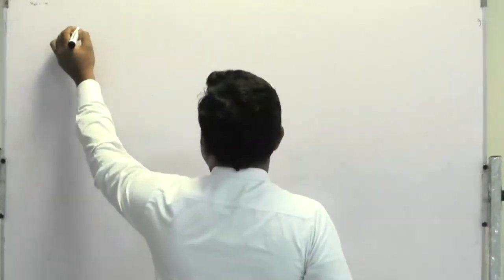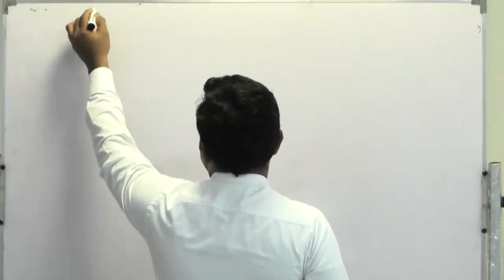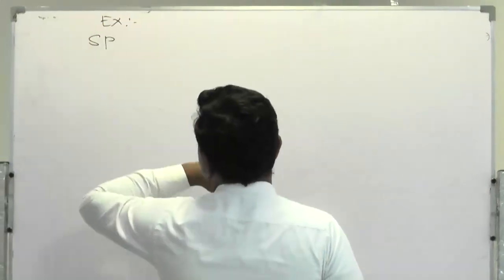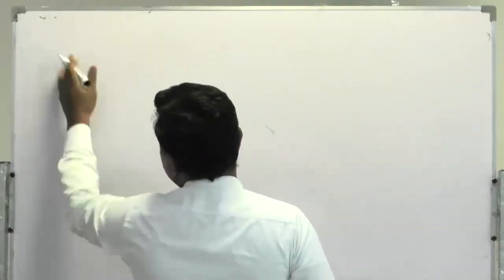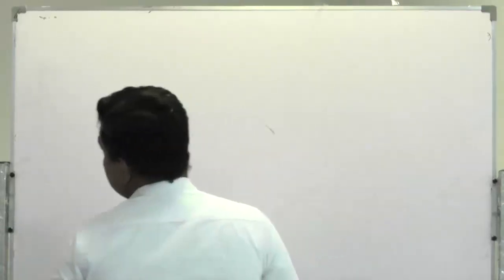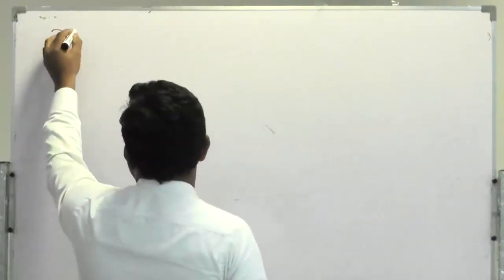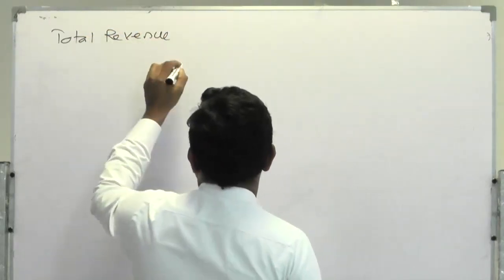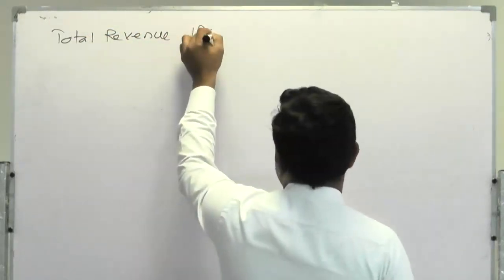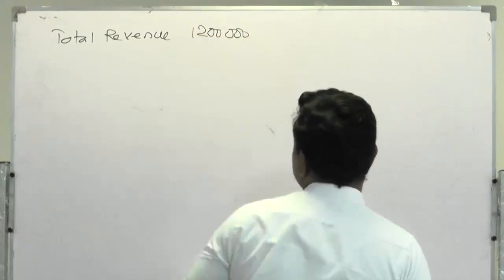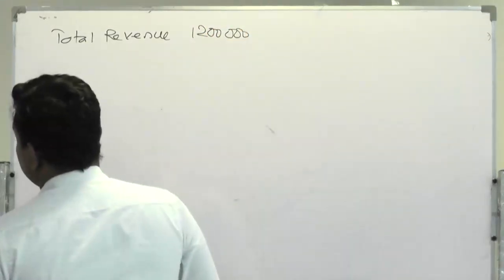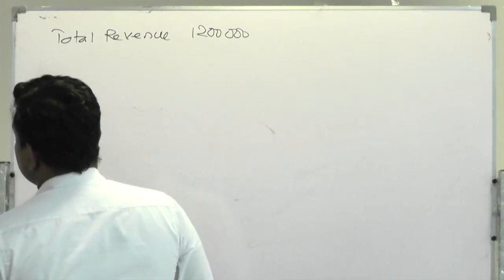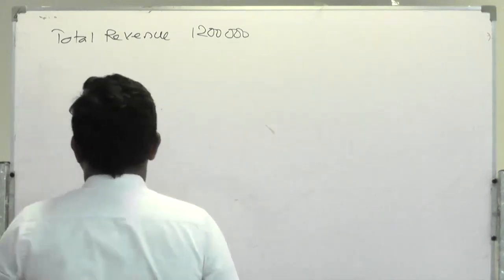Say your selling price, I will take the same story, right? The total revenue according to the question is 1.2 million rupees, right? Number of units, 100 units.